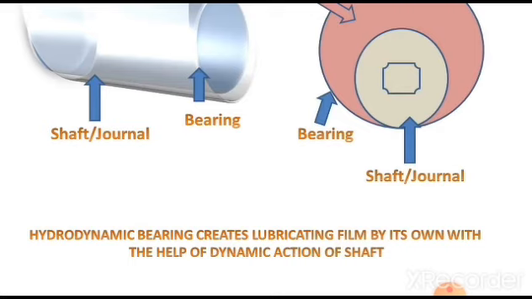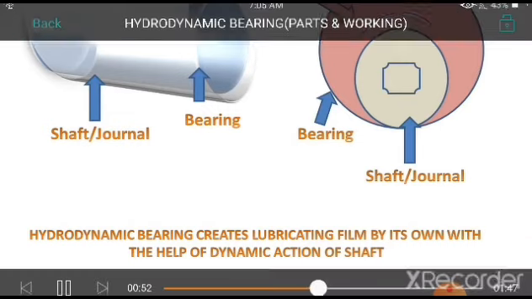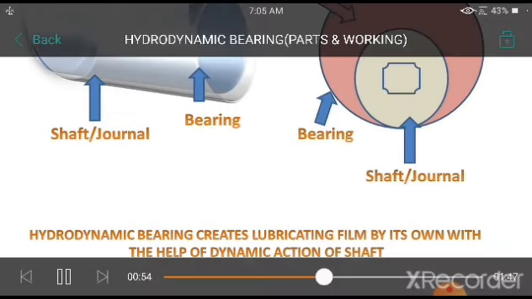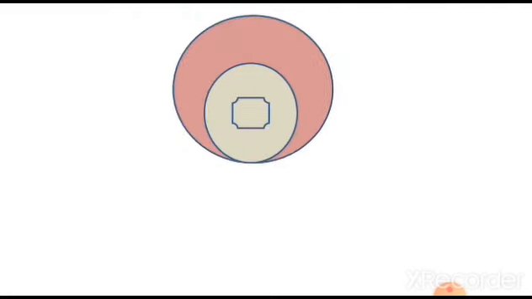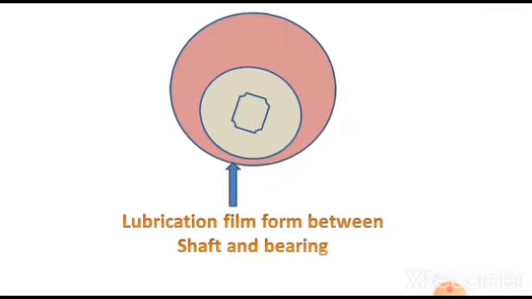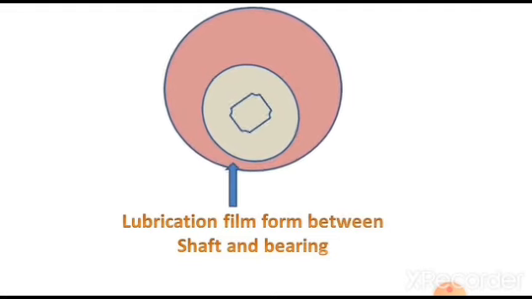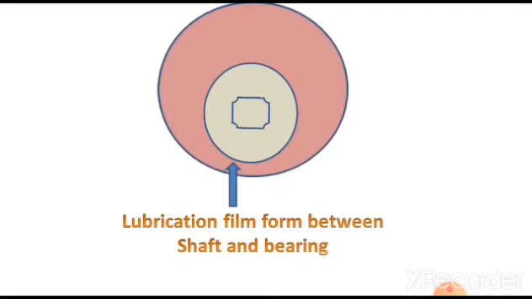Now see the animation of the hydrodynamic bearing, how the shaft will rotate and create a lubricating film between shaft and bearing. There will be a bearing and journal. The shaft will rotate and create a lubrication film between shaft and bearing.